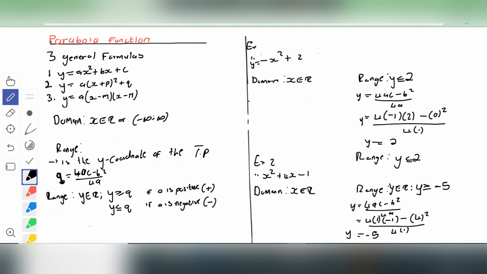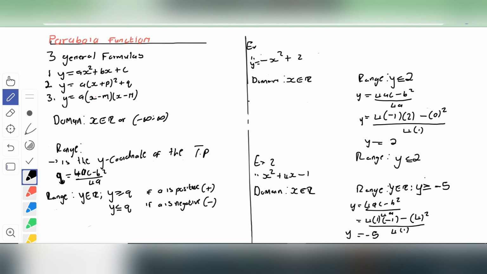If you go through the examples we did for the turning points, you'll see that this is the formula. Or if you don't want to use this one, after finding the x value of the turning point, you can plug it into your original equation, and then you'll find the y coordinate of the turning point, and that's what they want.